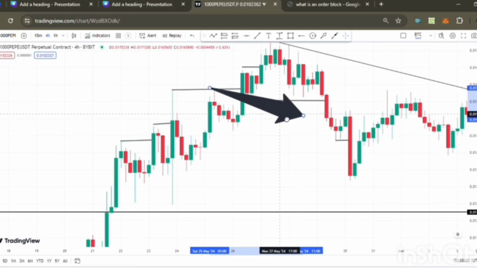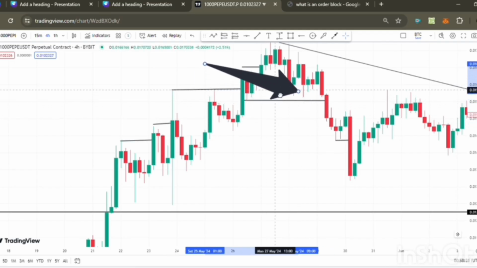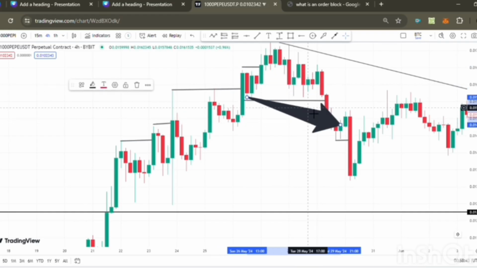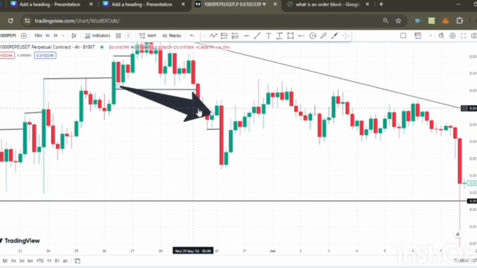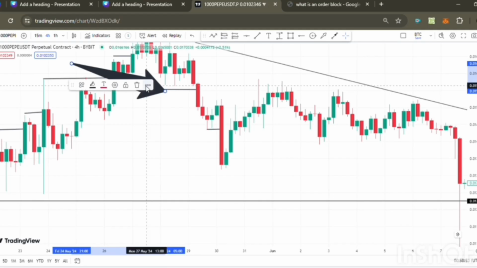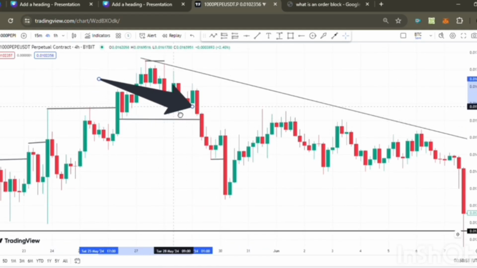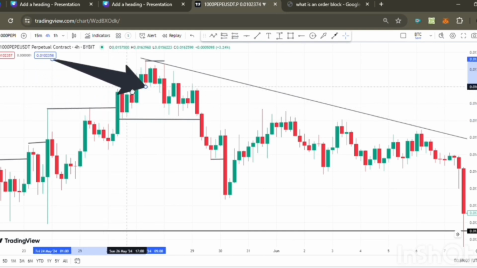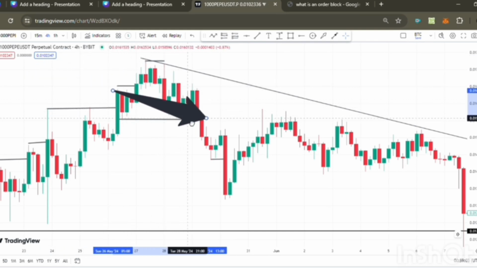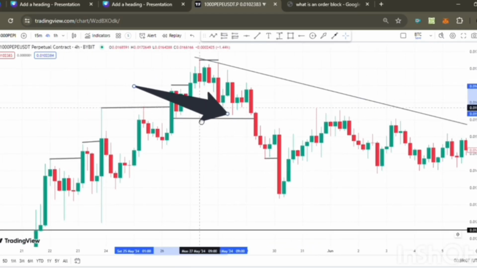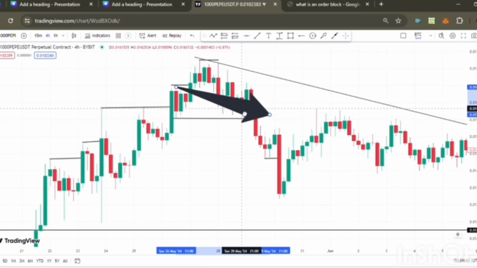If the market does not break the change of character, just know that it's not yet valid. You need to wait for the market to break the change of character, the CHoCH. Do you understand?